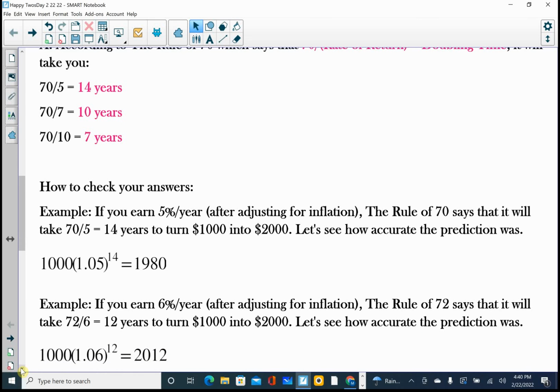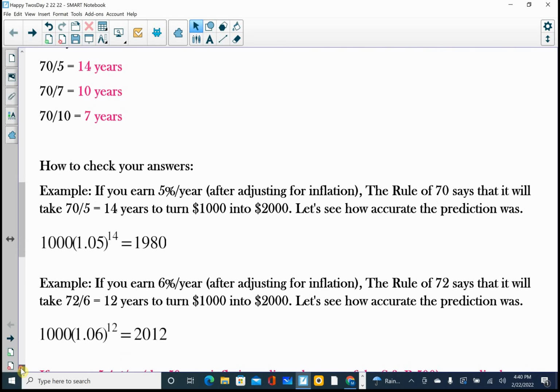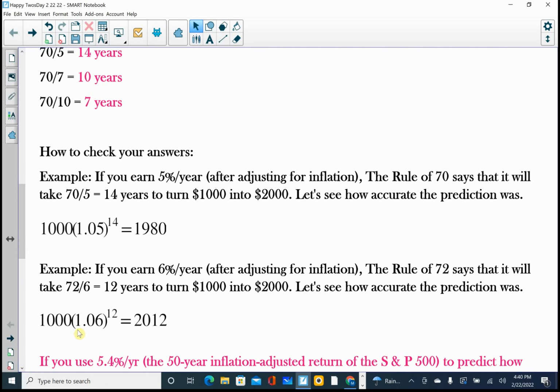Let's see how accurate that prediction was. Take 1,000 times 1.06, that's 100% plus your additional 6% for a total of 106%. So 1.06 is your growth factor. That also came out very accurate, very close to $2,000.